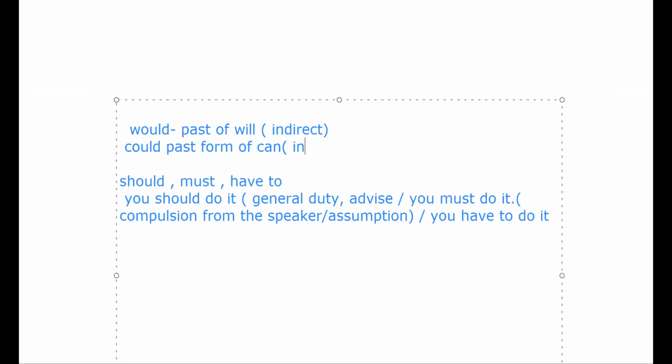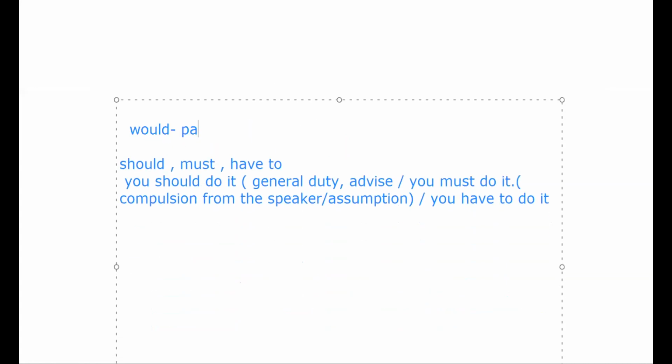Now let me give an example to understand better. Now see, you should work hard. It's my advice. Take it or not, it's up to you. You must work hard. If you don't do that, you're going to get punishment. That's what I mean. I'm forcing you. When I say you have to do it, I'm not advising, I'm not forcing, but the situation is. Then I add you have to work hard. Why? Competition is forcing you. The competition is like that, right?